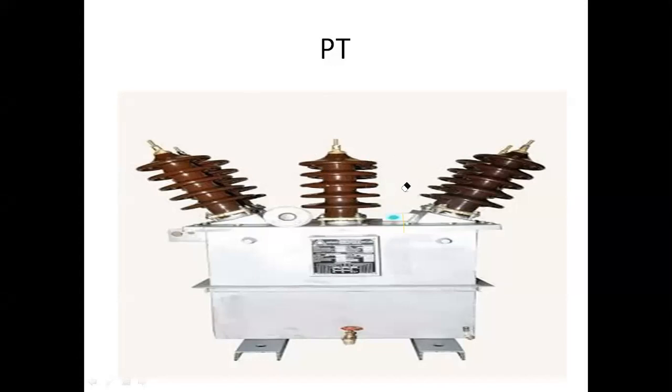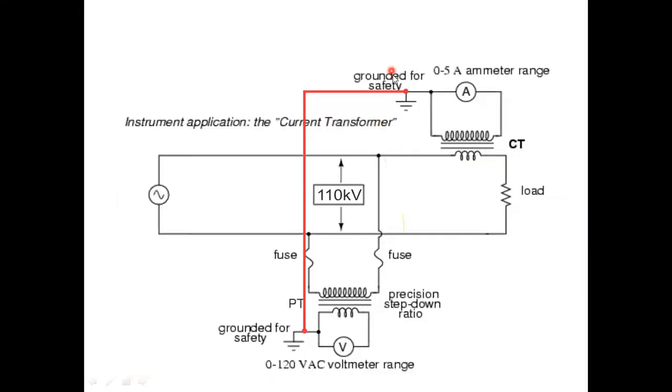And now you can see the diagram. This is the diagram of the PT, and here CT is also available. First I am talking about PT, then we'll go for our CT again. CT was in the previous classes. Look here. This is 110 kV.